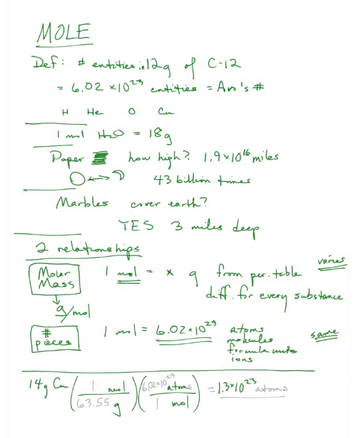That varies, so I have to look up copper on the periodic table. 63.55 is what it says. And for the number of atoms in a mole, it's always the same: 6.02 times 10 to the 23rd. If this were molecules, I would use the same number, just with molecules. So now I can do my calculation and come up with the number of copper atoms I had in 14 grams.